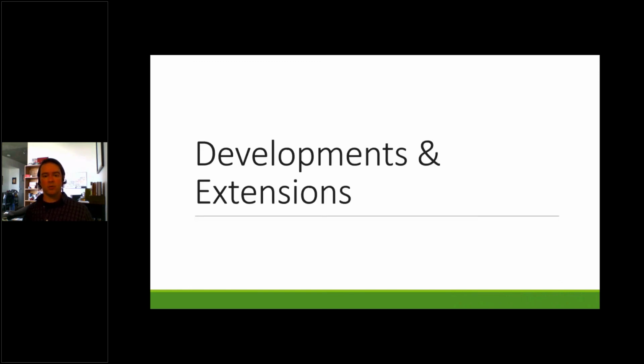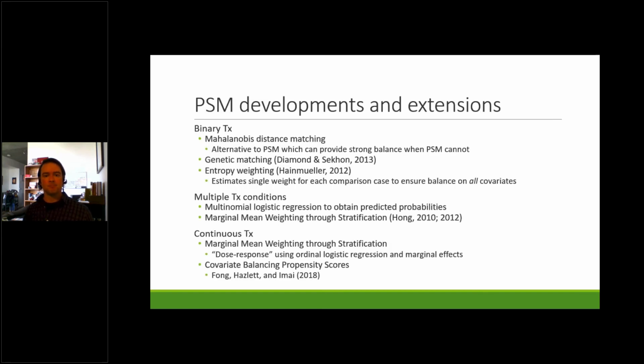So before we conclude, really quick, I want to touch on some of the developments and extensions of PSM beyond the traditional workflow and the things that we've talked about so far. A few of these are broken up by what your treatment variable looks like.